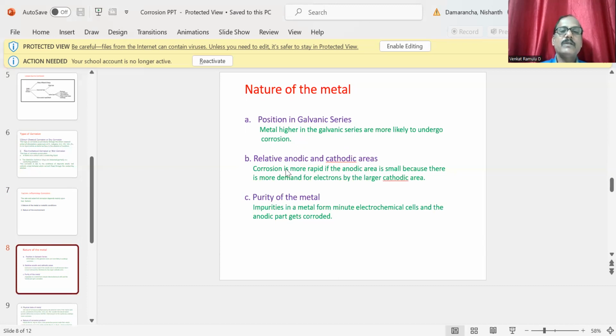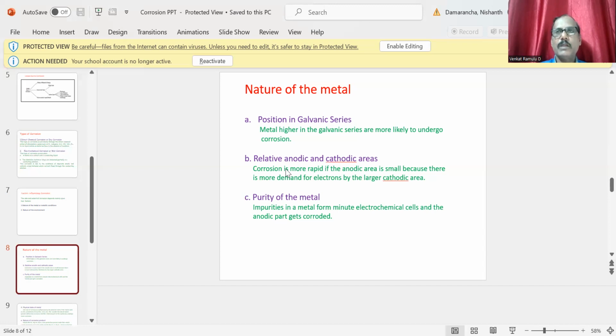And the second factor is relative anodic and cathodic areas. Whenever we have a smaller anodic area, the rate of corrosion will be more. If the anodic area is smaller, the cathodic area will be larger. At the cathodic area, what happens? The electrons get consumed.